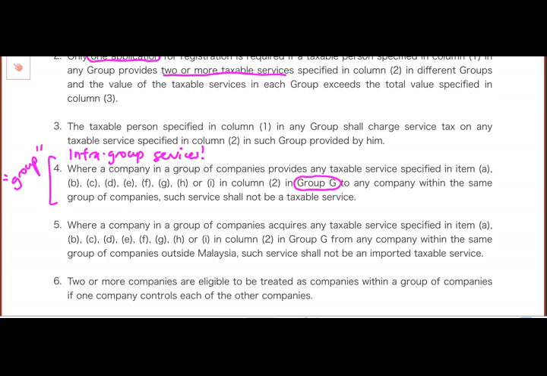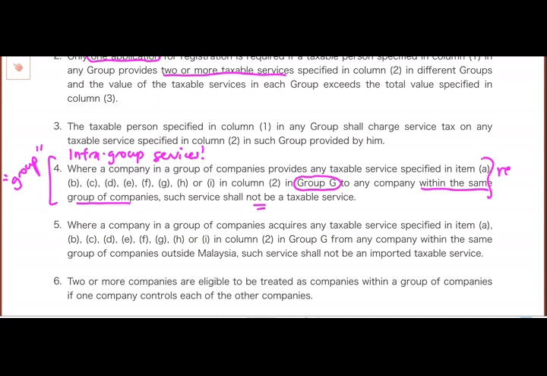And it's only under the headings A, B, C, D, E, F, G, H, I in column 2, which you must go back and see, and which generally apply to most of the first part. They say you don't have to impose 6% if they are within the same group.